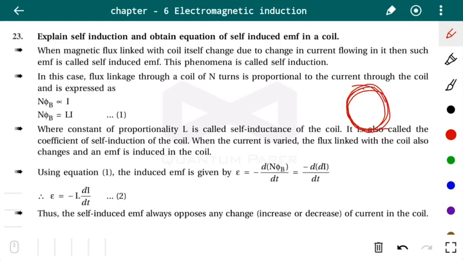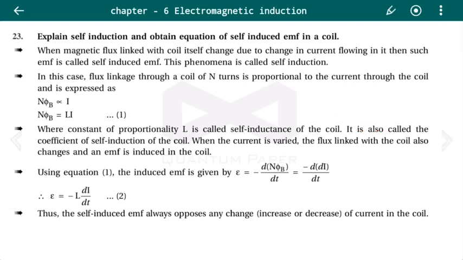When we change the current in this coil, the magnetic field lines produced around it will also change. So the field lines or the flux associated with the surface of this coil itself will also change, and due to that an EMF is produced. Such EMF is called the self-induced EMF.